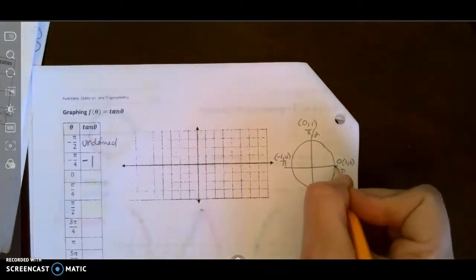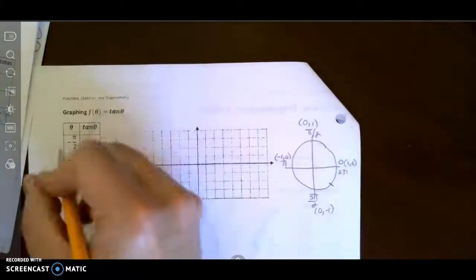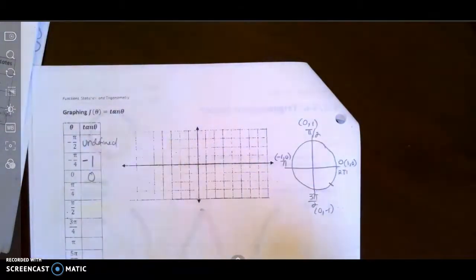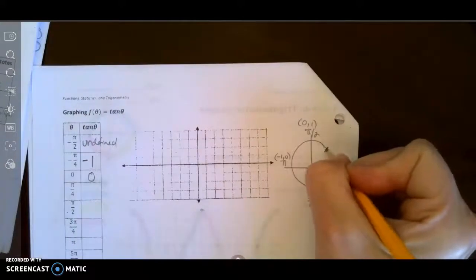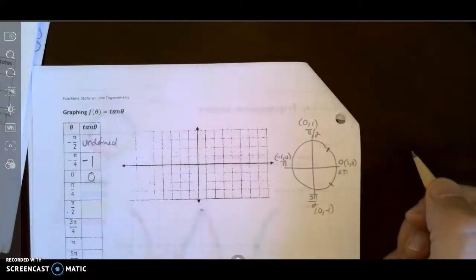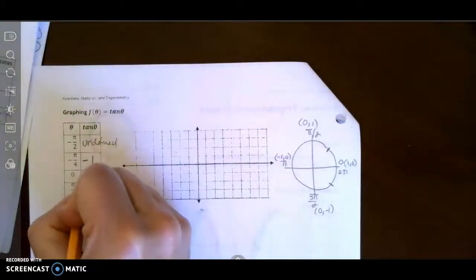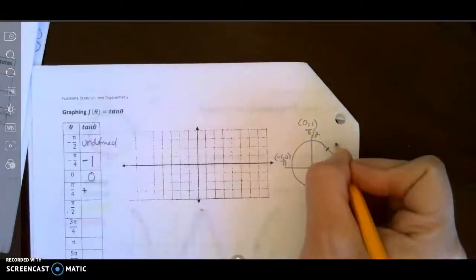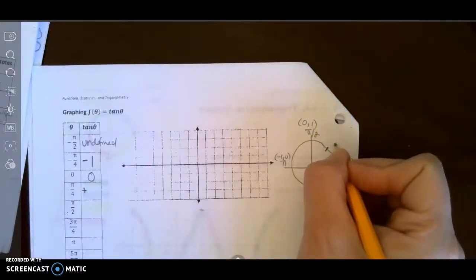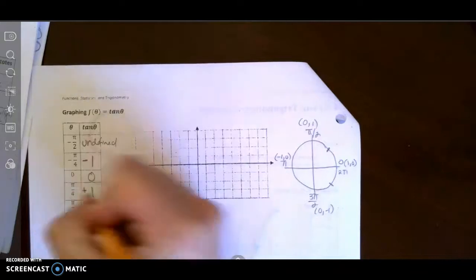At 0, my tangent is 0 over 1, which is 0. At pi over 4, which would be right here, it's going to be positive. And again, square root of 2 over 2 divided by square root of 2 over 2, simply 1.